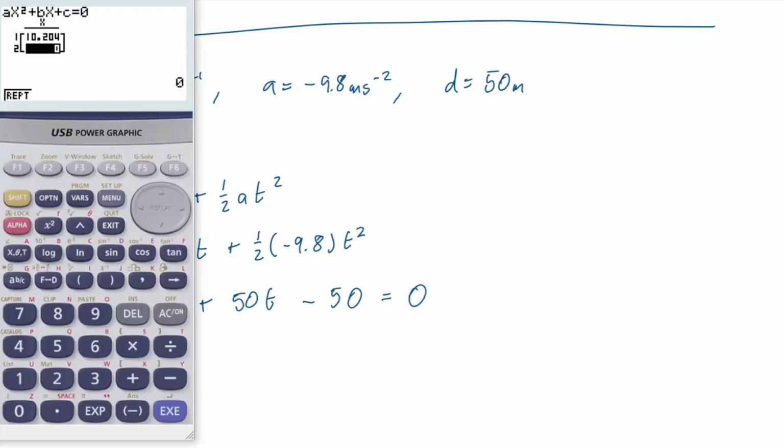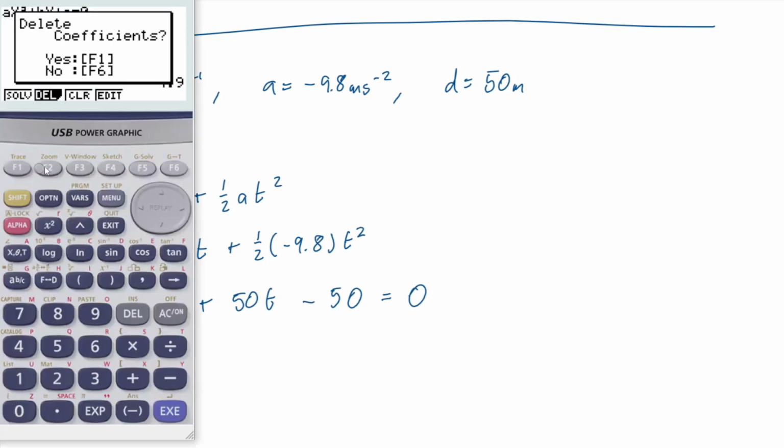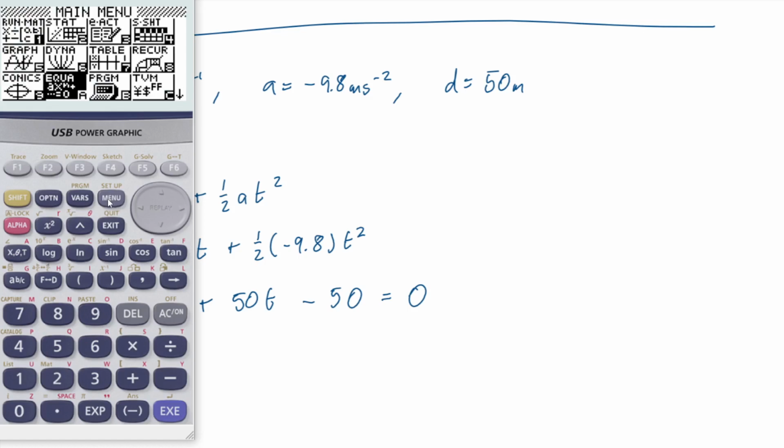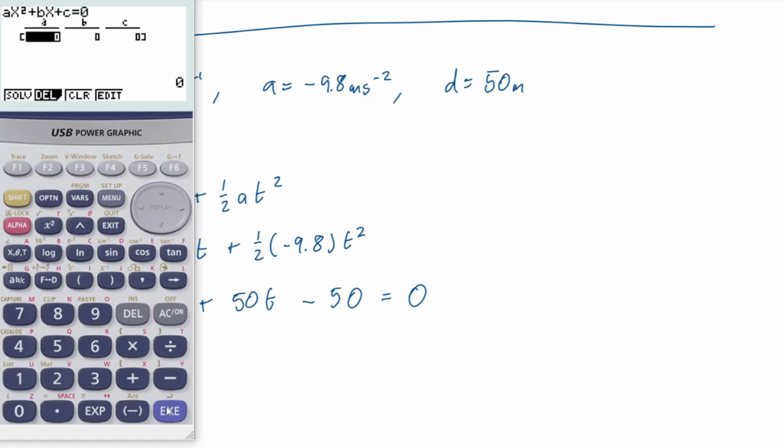So back to our calculator, we'll go exit, delete, F1, so degree 2 for a quadratic, so that's menu, equation, polynomial, and then you get to this screen. So in for A is negative 4.9, in for B is positive 50, and in for C is negative 50.